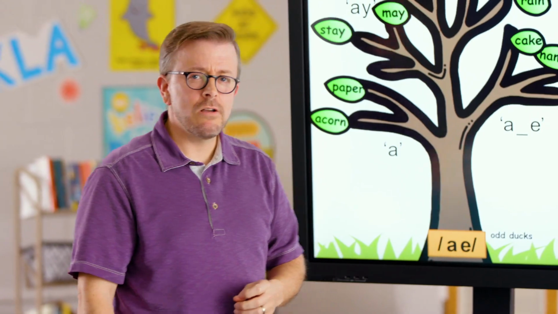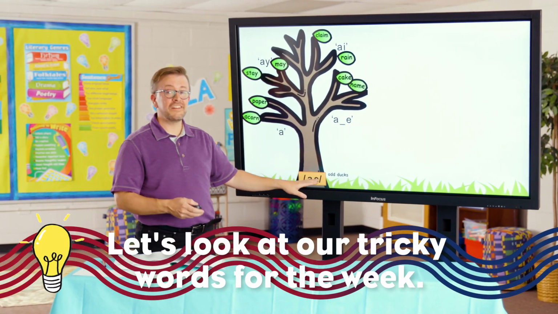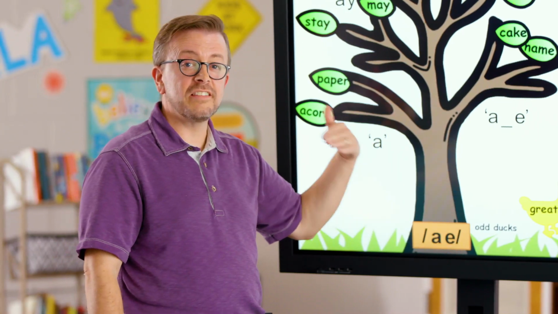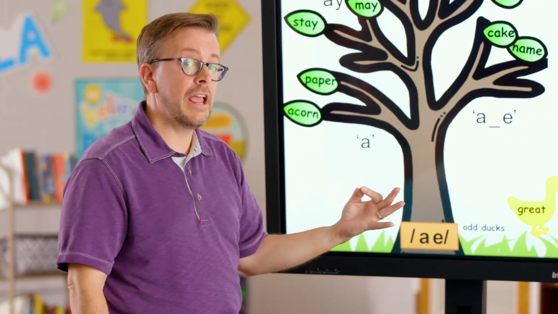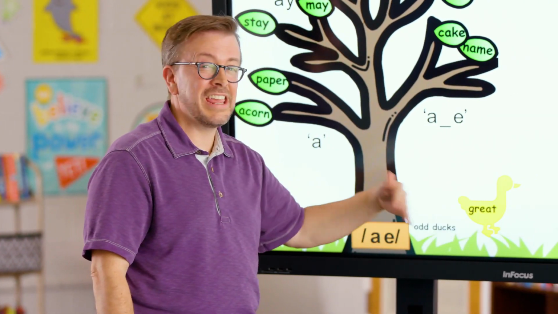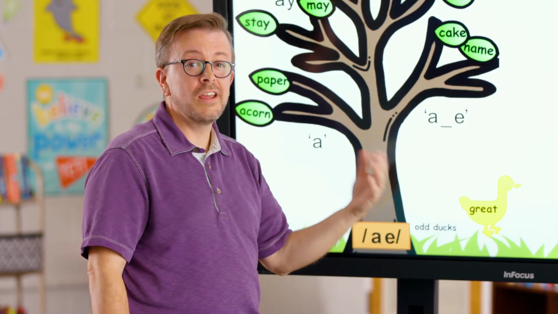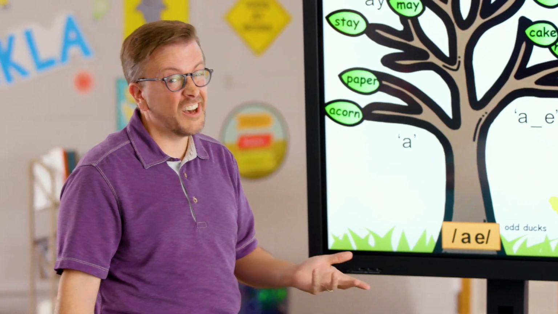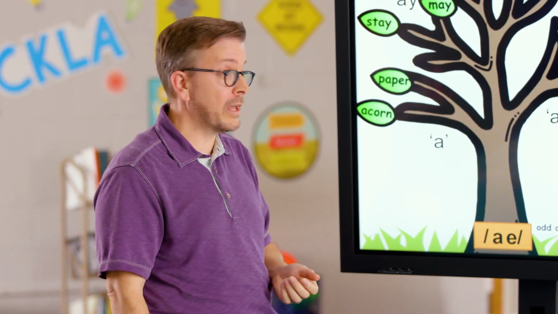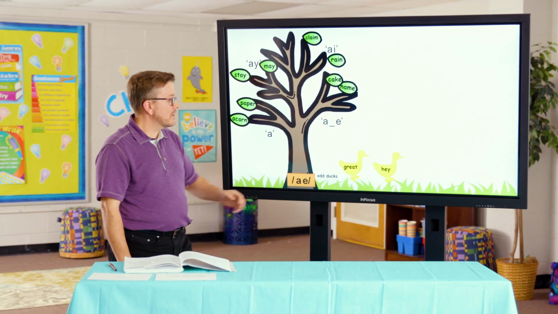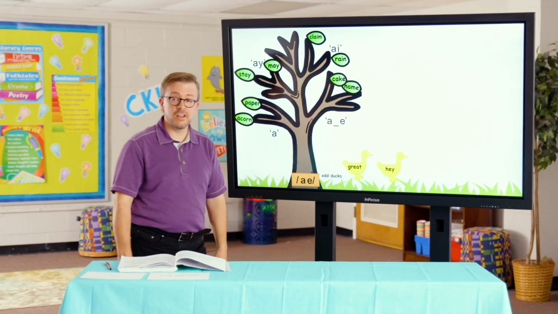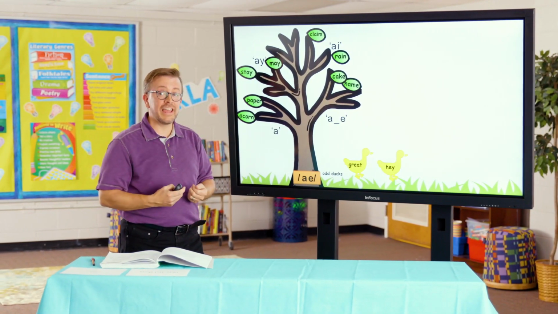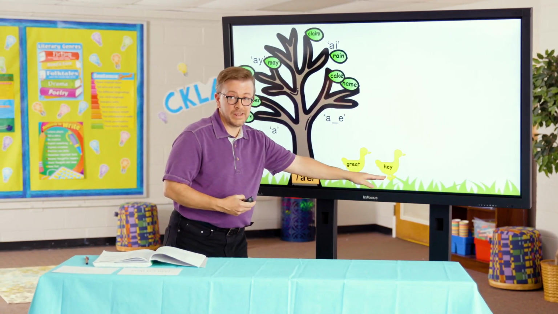All right? Now, so let's bring in some odd ducks. And we have Great the duck flying in here. And great, as I said before, is a long A word. But normally we think of that EA as in the word read, as making a long E sound. So that's what's kind of considered an odd duck. Maybe kind of a tricky word for us to spell. We look at the word hay as an odd duck because we said, again, remember, we think of AY as making that long A sound, but now we have an EY.